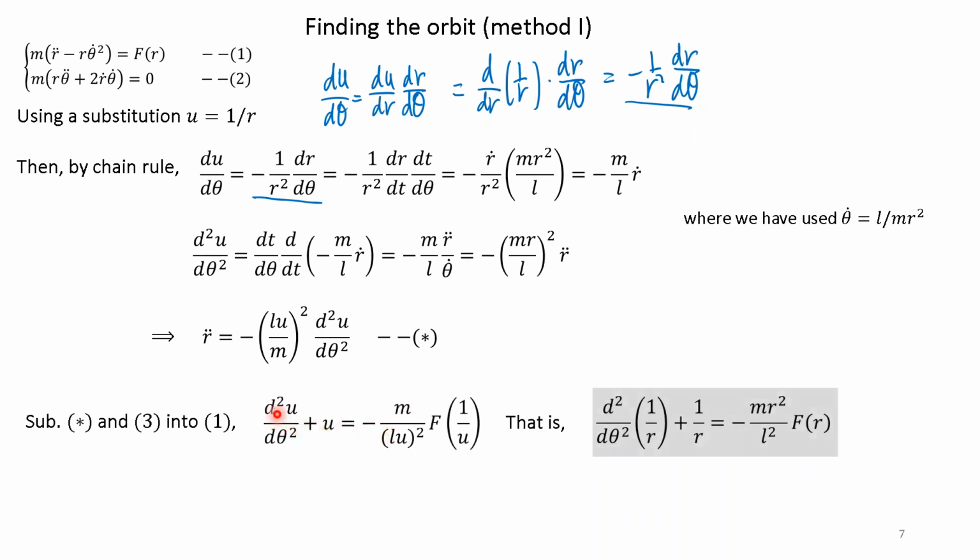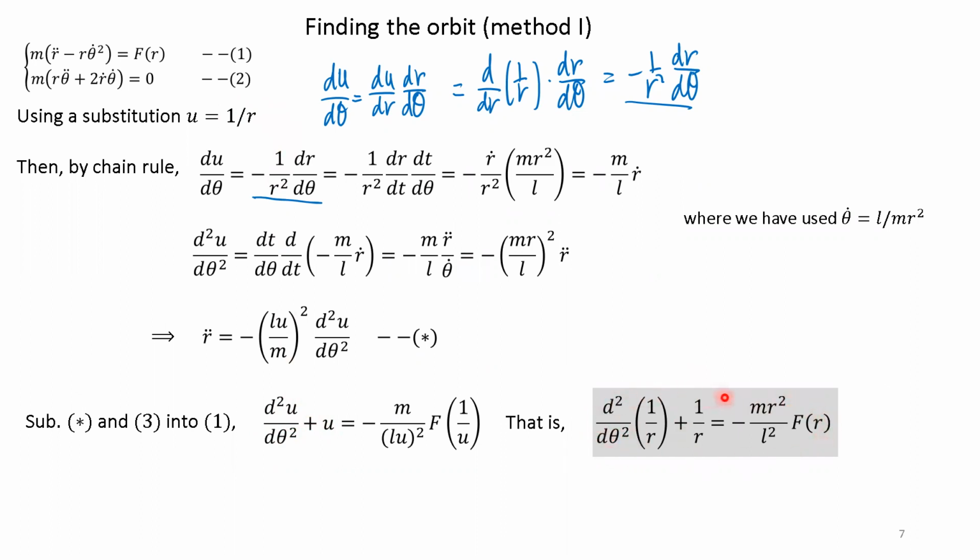So now you can see that I only have one variable, which is the u. And this is no longer a differential equation with respect to time. This is the differential equation with respect to theta. And remember, this u is actually 1 over r, right? So then I got this.